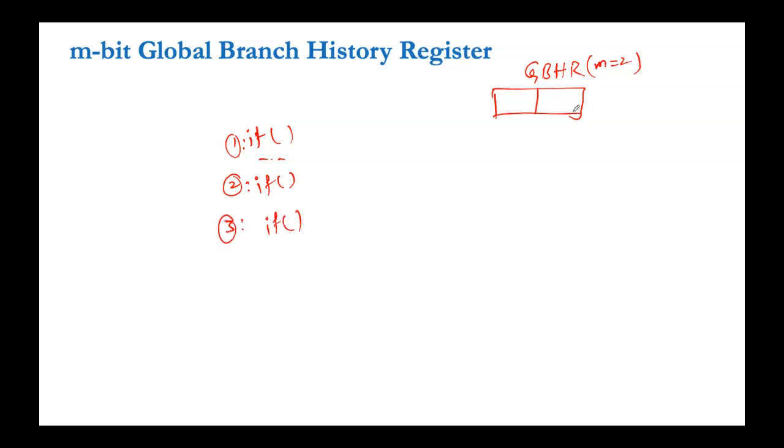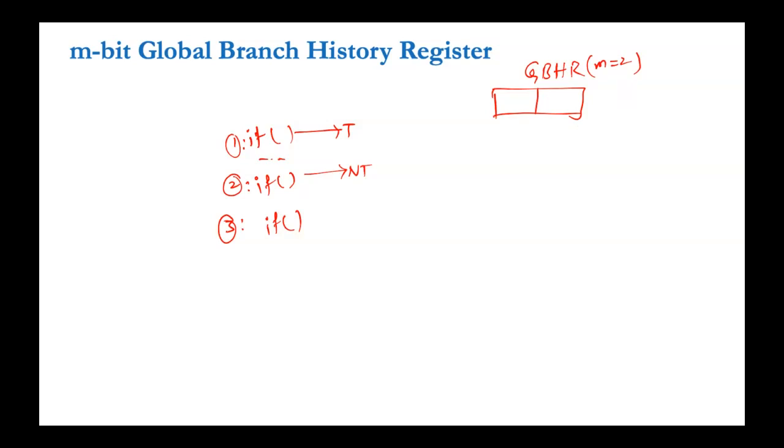With m equal to 2, the previous two branches are taken. If the first branch is taken and the second branch is not taken, what will be the entry in this table?